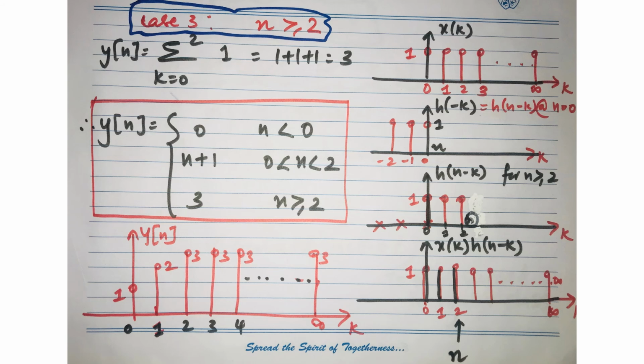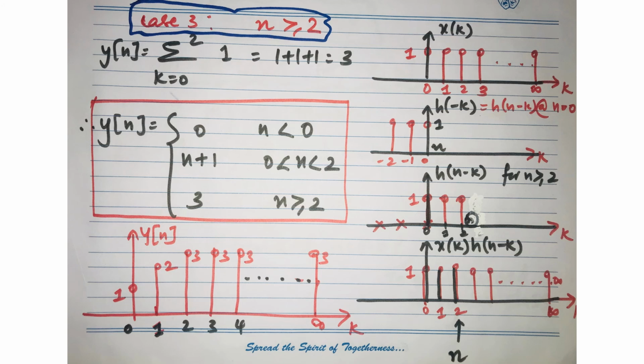Now you can see the samples x of k and h of n minus k will overlap only in the region 0 to 2. So in the convolution sum expression, you change the summation range as 0 to 2 and the product is 1. So you are adding 1 for 3 times. So y of n is 3.